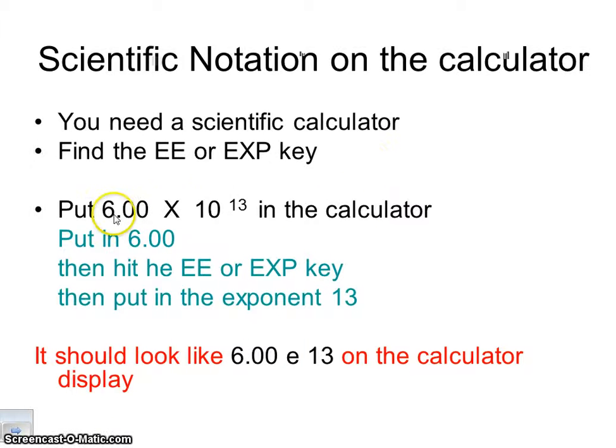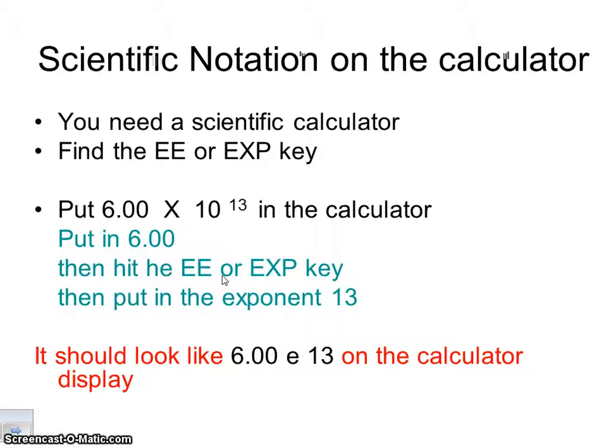So let's take a look. If we have 6.00 times 10 to the 13th, and we want to put it in the calculator, what you do is you put 6 and then hit the decimal 00. Then you need to locate the EE or EXP key. If it is a main key, in other words, it's right on the button, you just hit the button. If it is written above the button or in a different color, then you have to hit that key up on top of the calculator pad to access it.